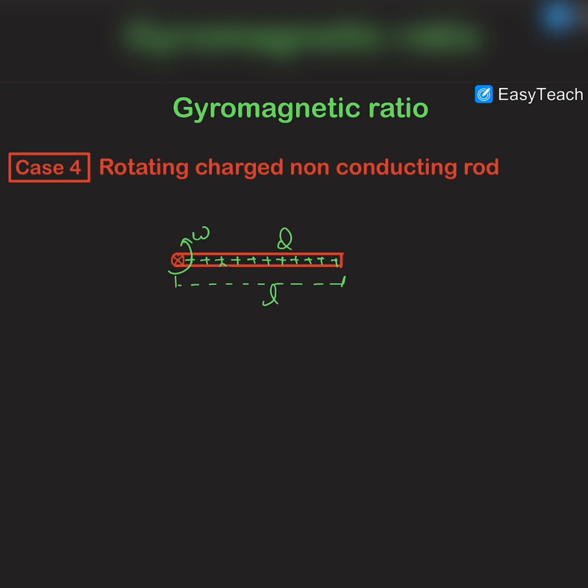Now also in the case of a rotating rod, if we have to find M, we know that gamma is equal to M by L, and M will be equal to gamma L. So M will be equal to gamma into I omega.